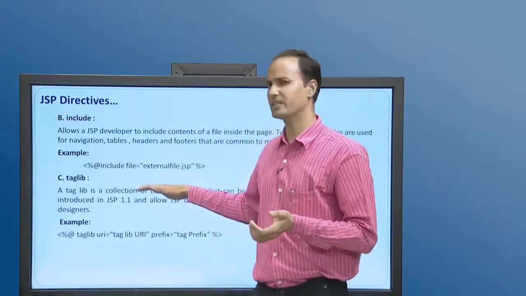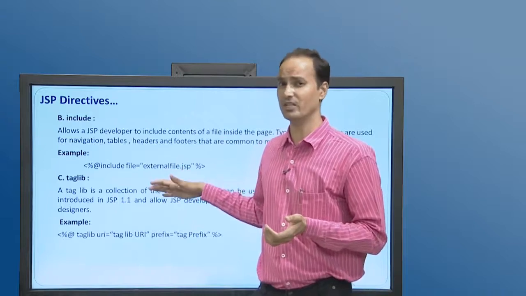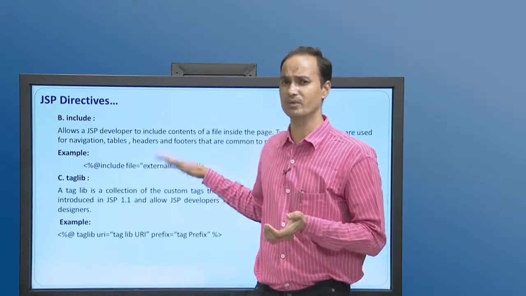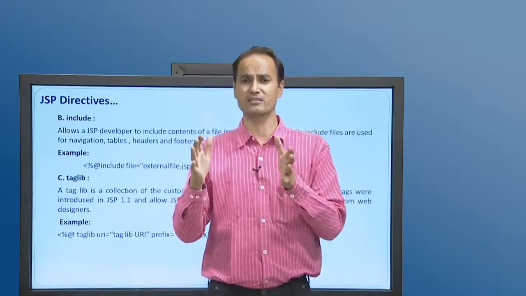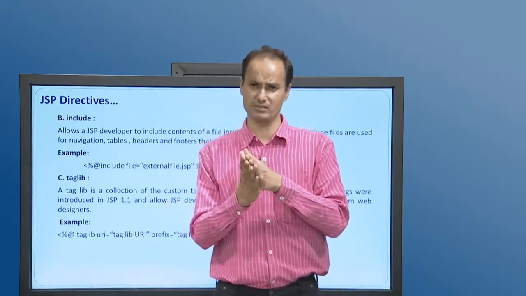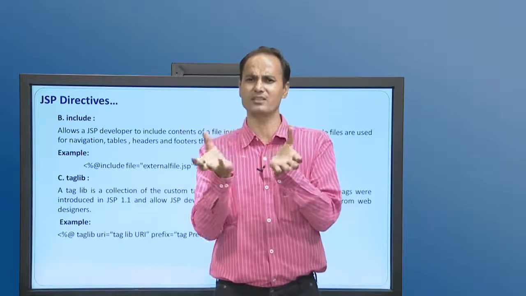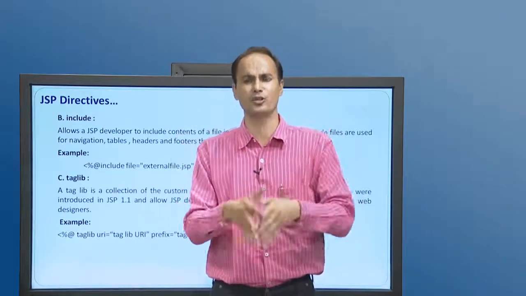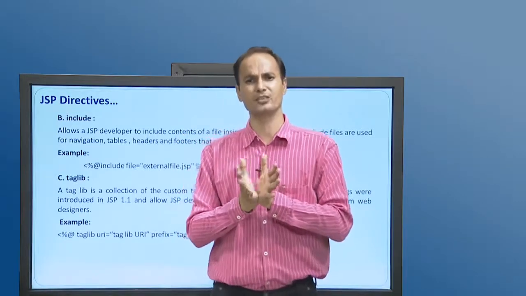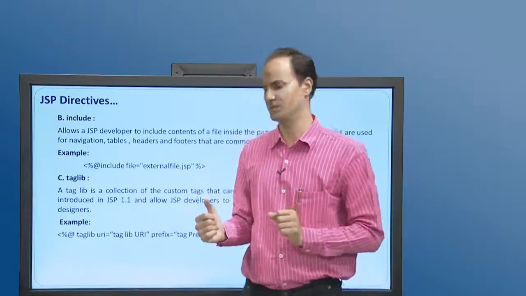The taglib directive is very important and provides a number of functionalities with inbuilt URIs. URI stands for Uniform Resource Identifier. It is a library of functionality that you can directly plug into your JSP application and access using the prefix.